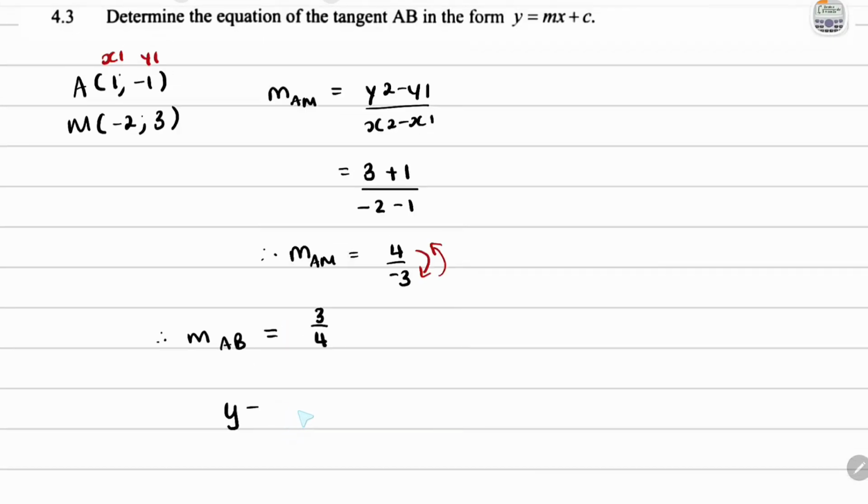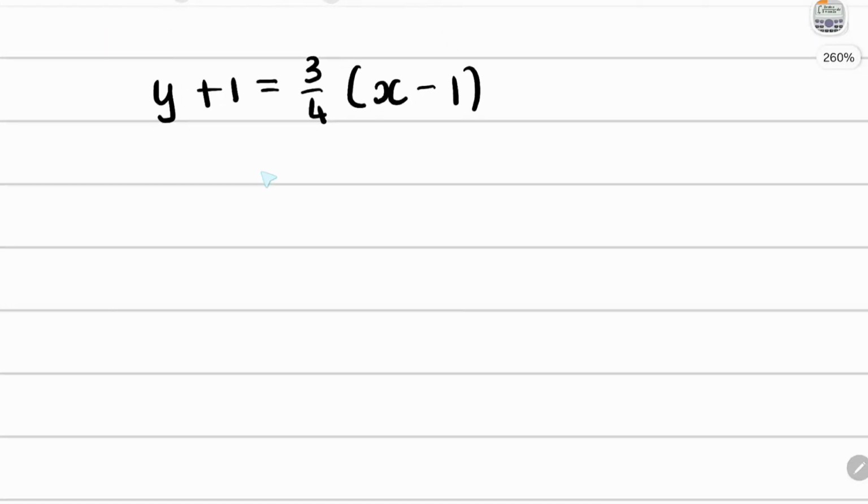So y minus y1 is -1, so that becomes minus -1, which of course becomes a +1, is equal to our gradient, which is 3/4, multiplied by x minus x1, and x1 is just 1. Then we just have to simplify. So this is equal to 3/4x when we distribute, and minus 3/4.